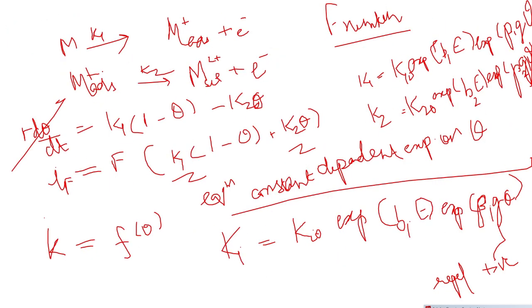How do you find theta dash? You have the site balance equation. You'll take this one, and you know how you can write d theta by dt as d theta by dE into dE by dt. We have seen this in many mechanism derivations.